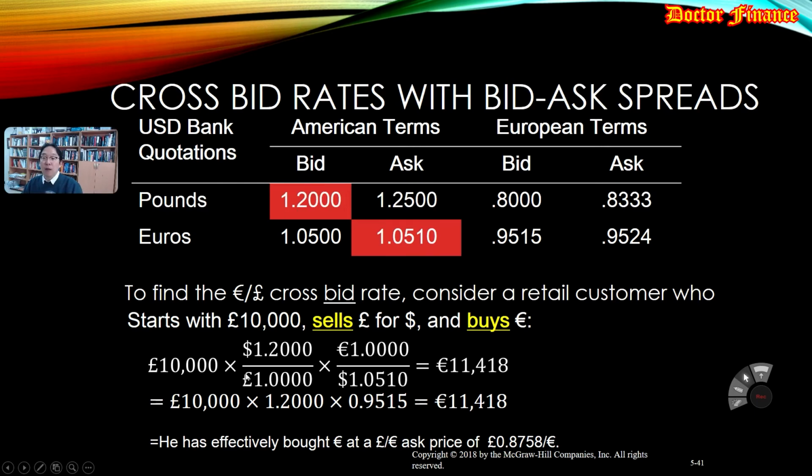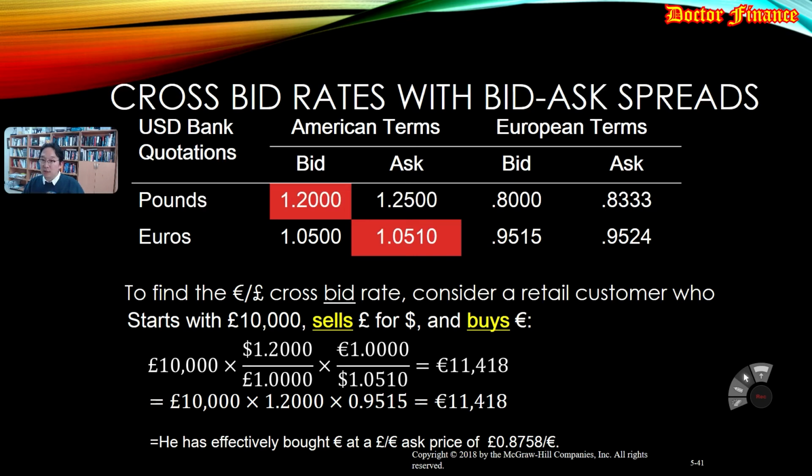1.2. And once you get US dollars for your British pounds like that, then the dealer will have to buy that US dollar and give you euros, right? And that is the bid price of US dollars in terms of euros, but that is the ask price of euros in terms of US dollars.